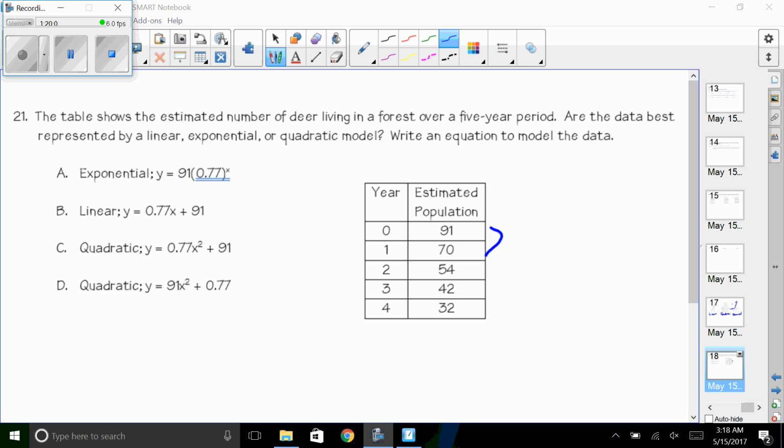So first, let's see if it's linear. So that's going to be minus 121.